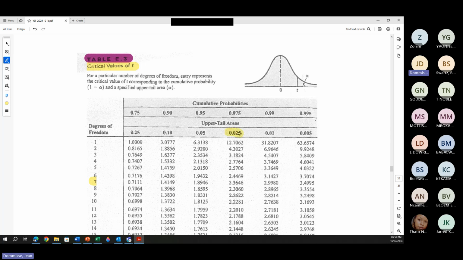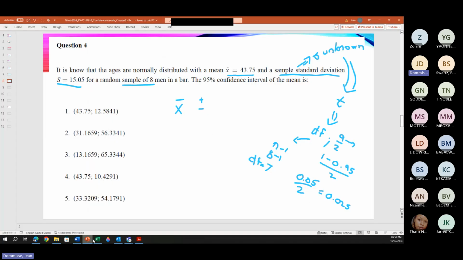Zero comma 025. So we're settling with 2.3646. Sure. Which has 2.3646. I was hoping it's somewhere here, but not.